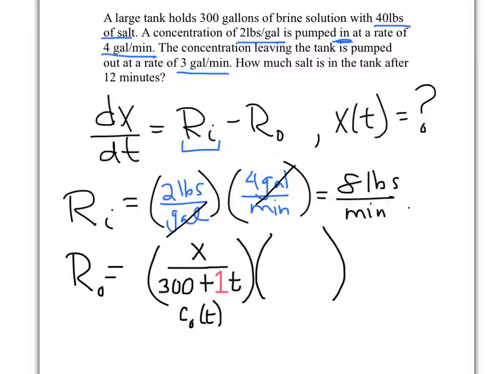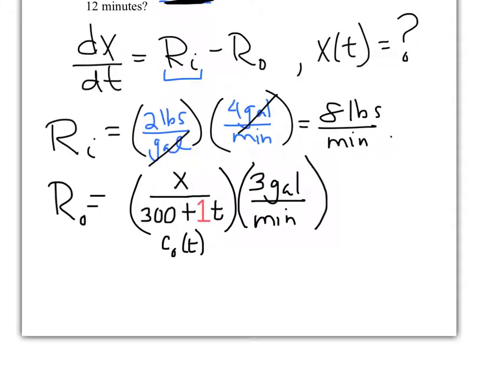And we're going to multiply this by 3 gallons per minute, because the concentration leaving the tank is being pumped out, so we're talking about the outflow rate. If we simplify this a little bit, and actually I forgot, I really should have pounds per gallon here, since these are rates.